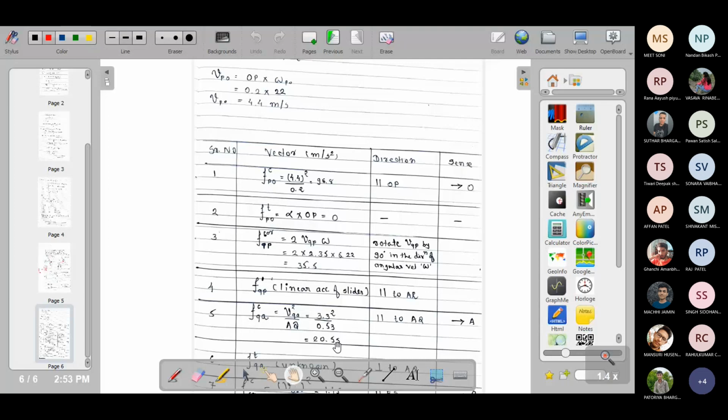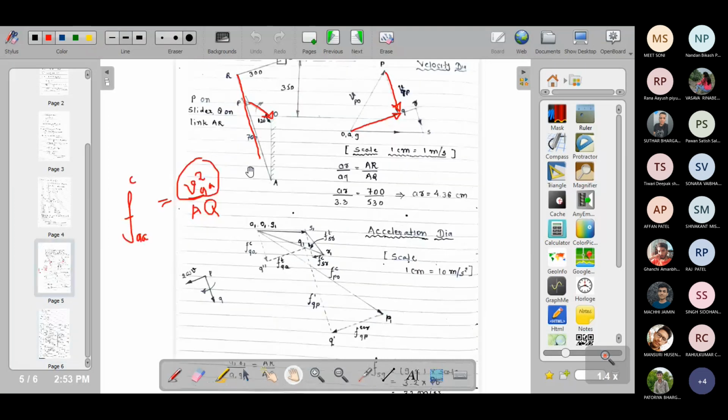Now this component is parallel to link AQ, yes or no? So from point A, I can draw a line parallel to the link. Now it is going downward. Why is it going downward?